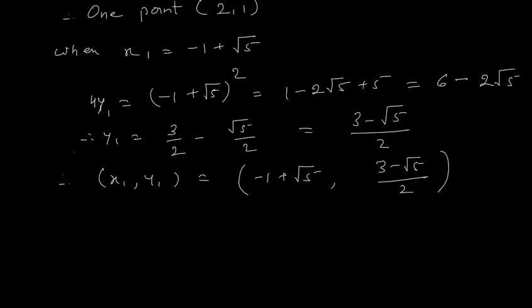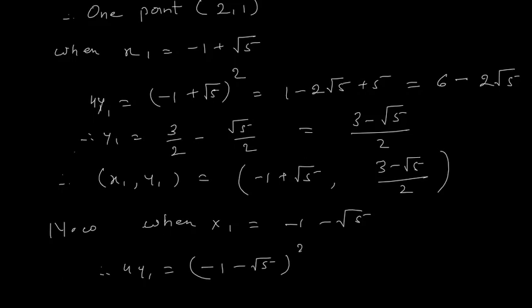Now finally we have one more point. Now when x1 is minus 1 minus root 5, so therefore we have 4y1 is equals to minus 1 minus root 5 the whole square. So I take minus sign out, minus 1 square is plus 1. So I will say that this is 1 plus this is 2 root 5 and this is 5, whole divided by 4. This is the value of 4y1.